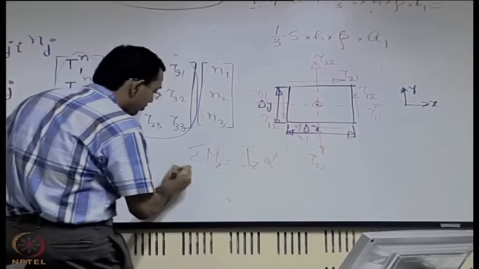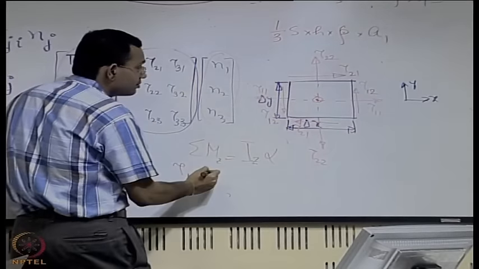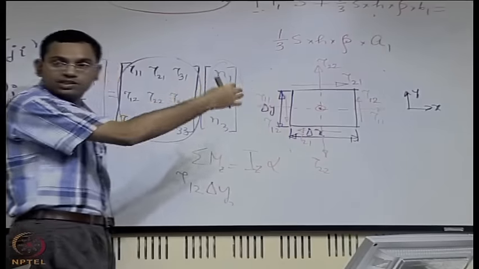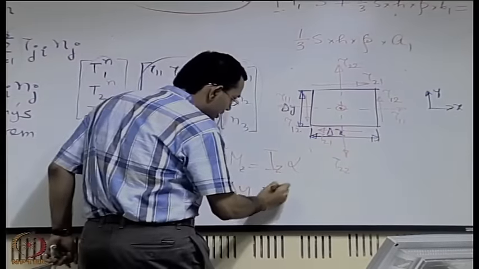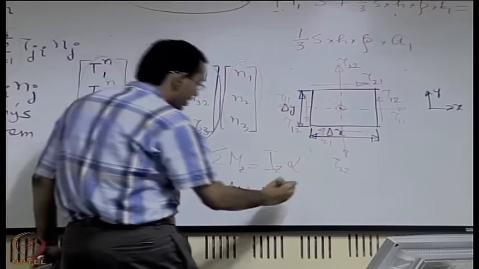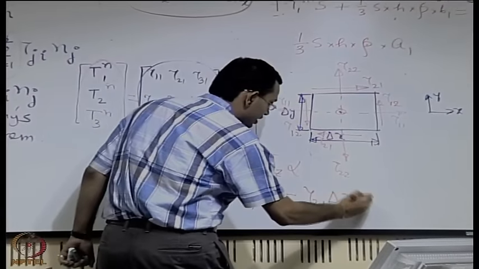So it is tau 12, times the area on which it is acting, delta y into 1 which is the width, times the arm of the couple, delta x. For the other one it is clockwise, so minus tau 21 delta x delta y.